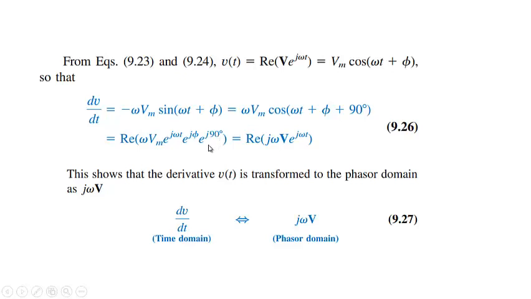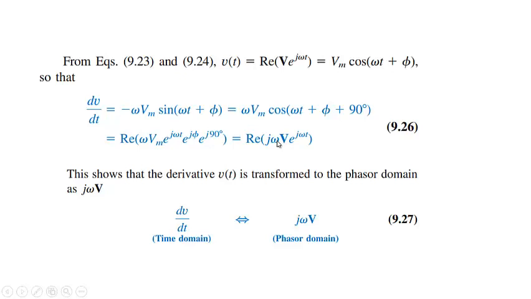Cos of 90 is 0, j sine of 90 is j. That's why we have written only j. So it will be j omega Vm e raised power j phi, which is V, and e raised power j omega t is as it is. This shows that the derivative of v(t) is transformed into the phasor domain as j omega V, and the rest remains the same.